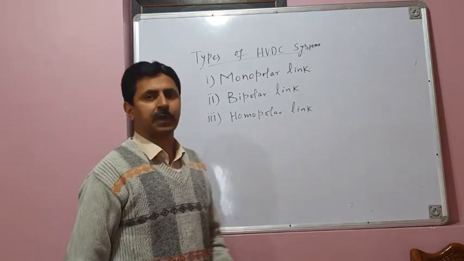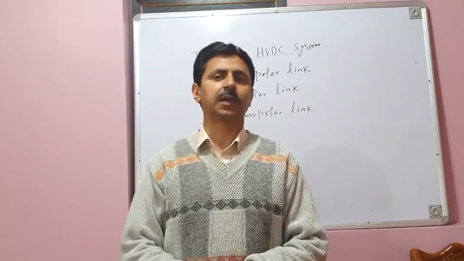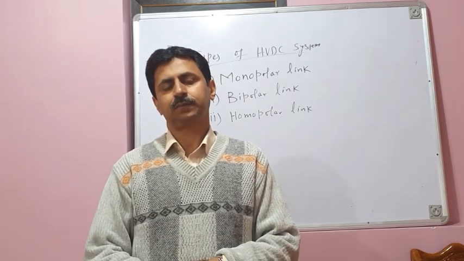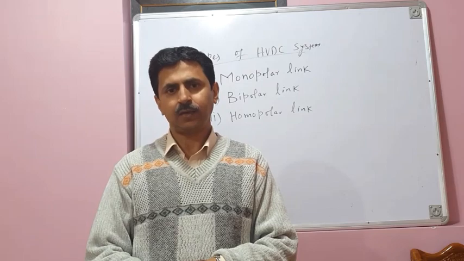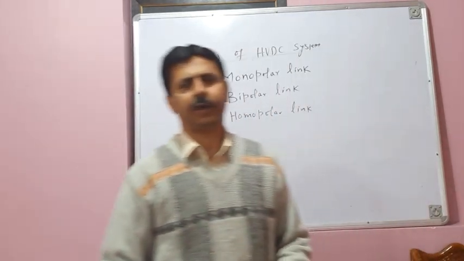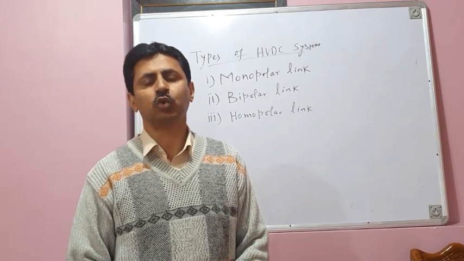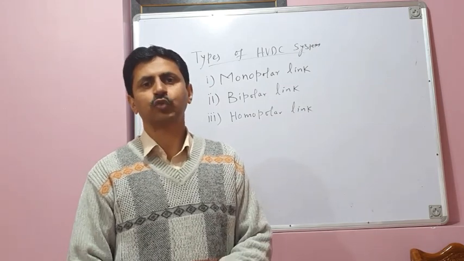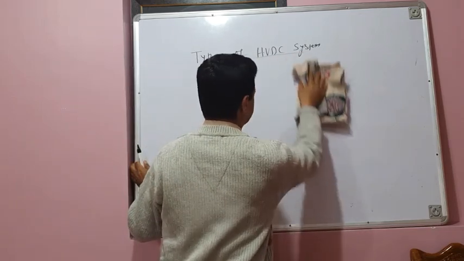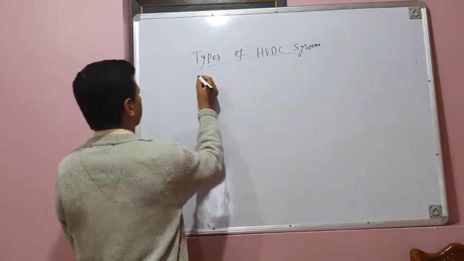These are three types of HVDC systems or three types of HVDC links: monopolar link, bipolar link, and homopolar link. Let us discuss them one by one, and finally we will decide which link is most popular and most widely used. We will start with monopolar HVDC link, or what we call monopolar link.